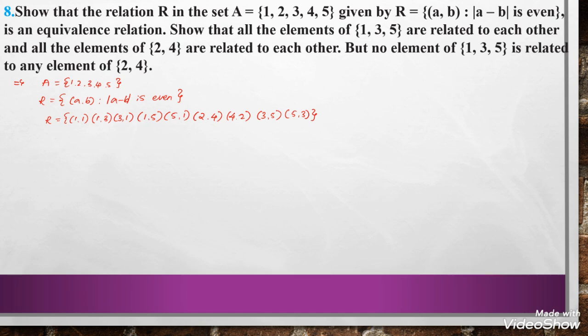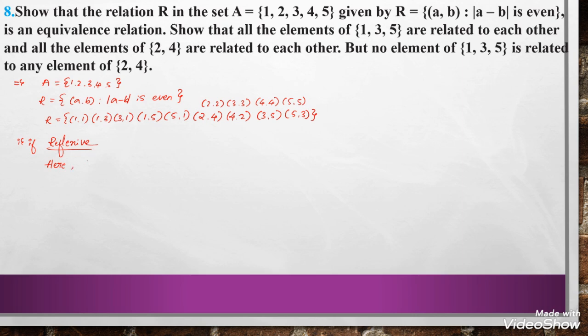Now I will check the first condition, that is reflexive. In the ordered pairs, every element (2, 2), (3, 3), (4, 4), (5, 5) also gives even numbers.